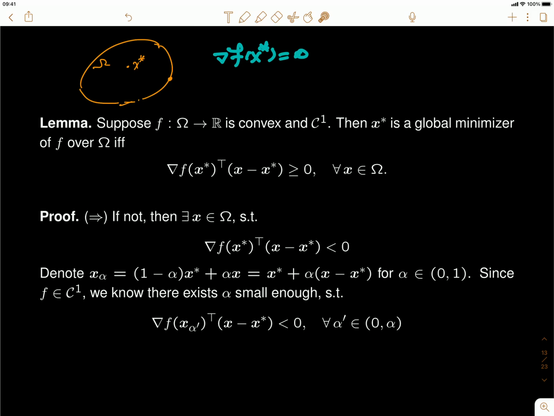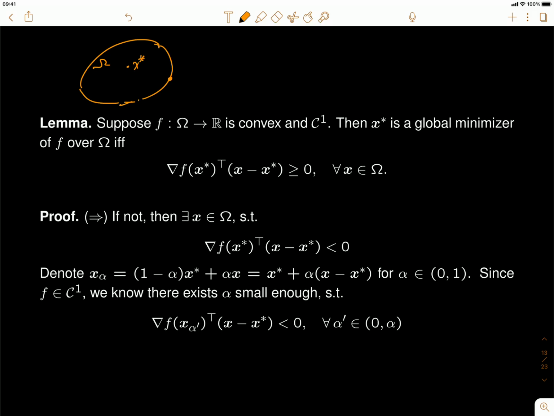And if this is the case, then it doesn't matter which vector you multiply to this vector. Since the gradient is 0, it's always equal to 0, right? So that's always true.